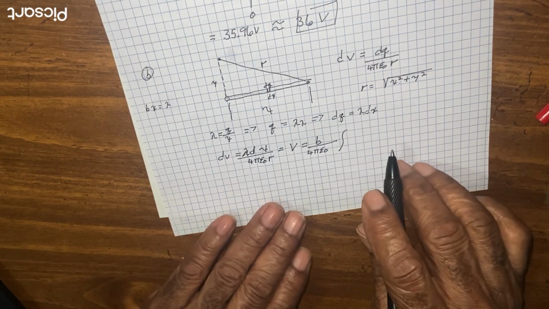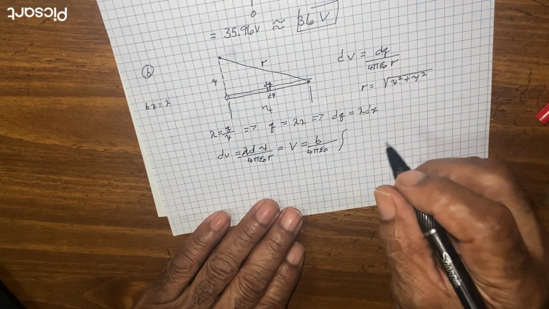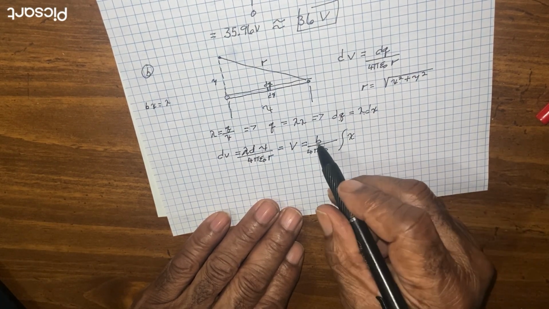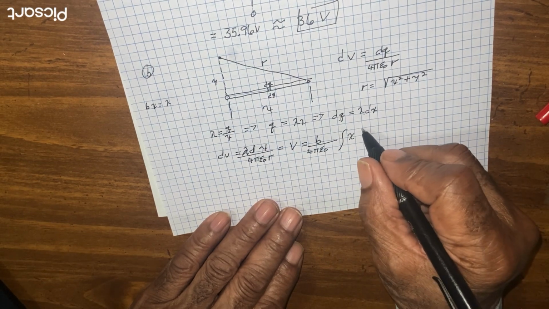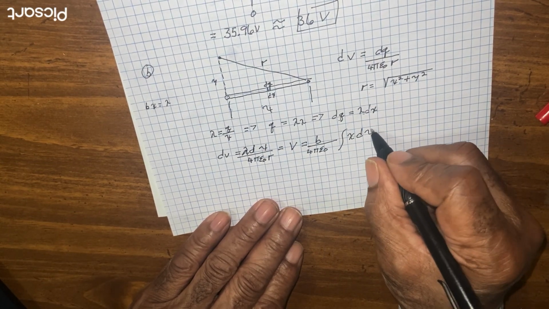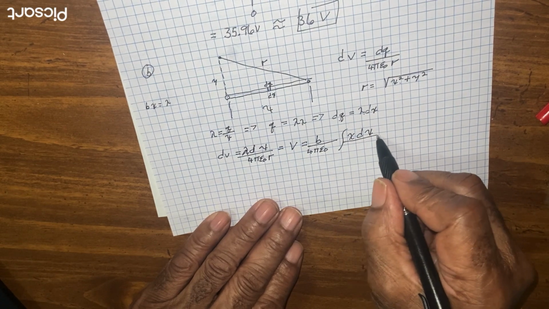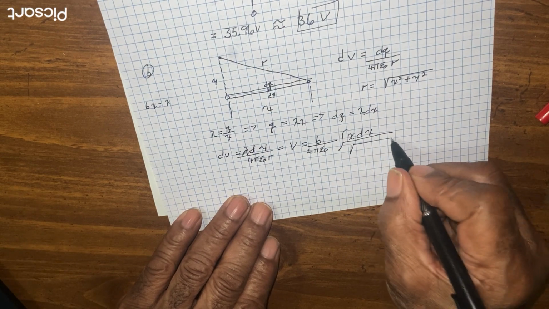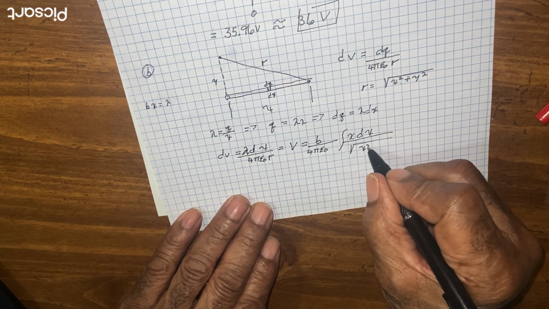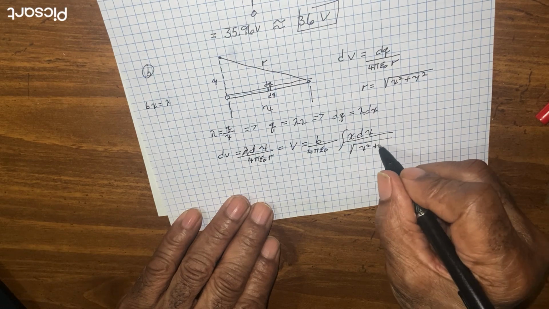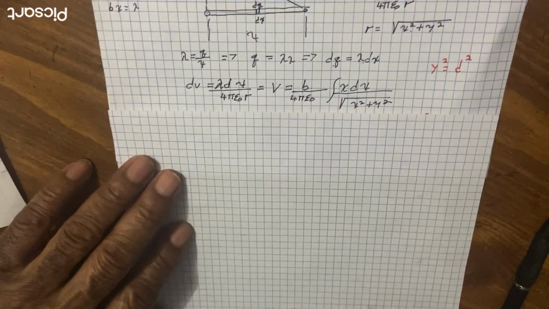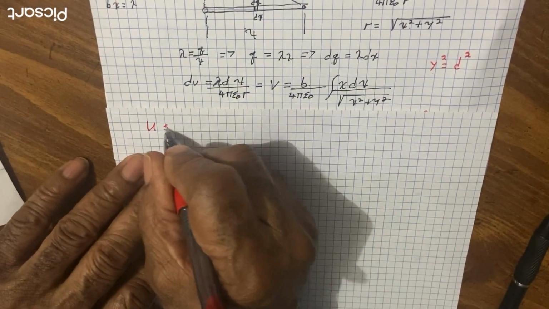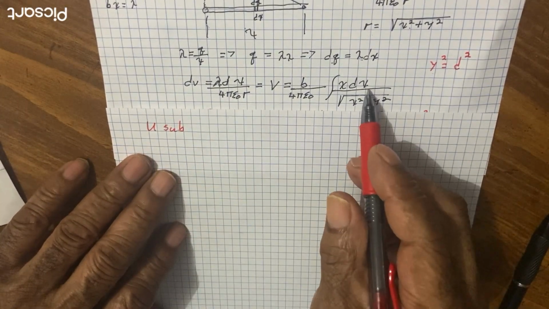Integral of x, that x came from the bx, dx over the square root of x squared plus y squared. We're going to use a u substitution to solve this integral.